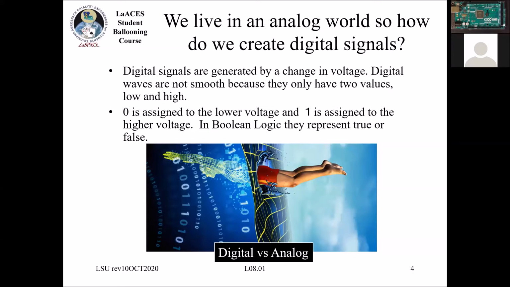And for actual digital signals, we assign a particular voltage threshold to be anything at and below is 0, and anything at and above that is 1. And we usually also call that true and false, where 1 is true and 0 is false.